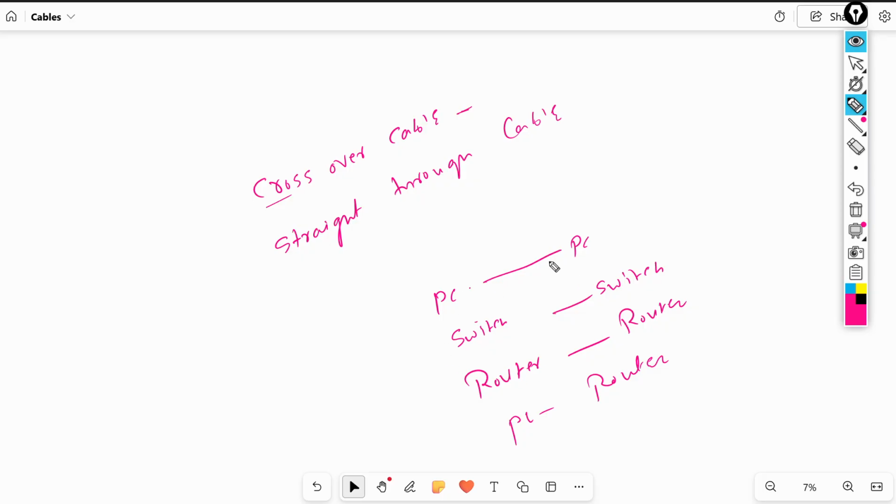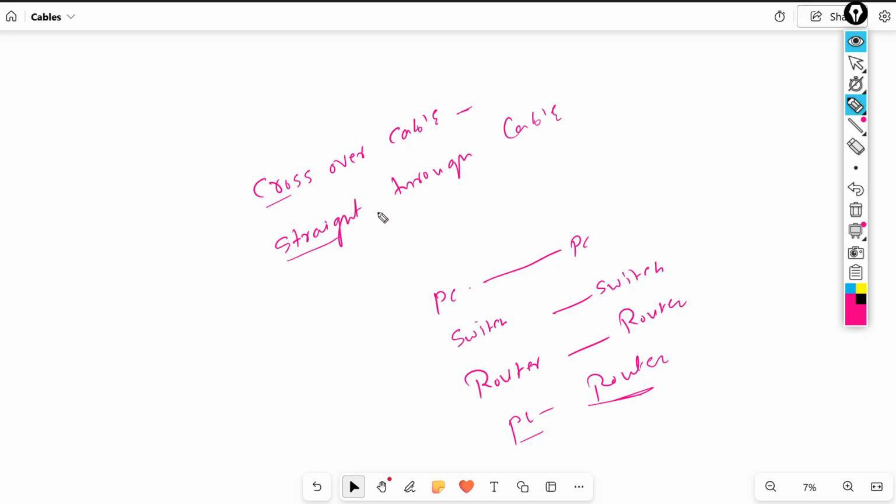Between the same devices, we use cross cables. PC to router. Router is also a PC. It works like a PC. That's why between the PC and router, we use cross cable only. Between similar devices, we will use cross cable.